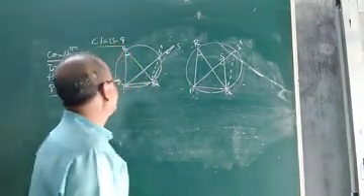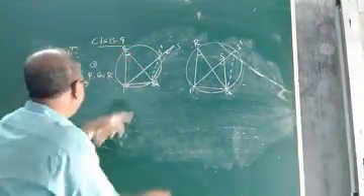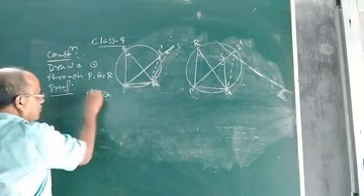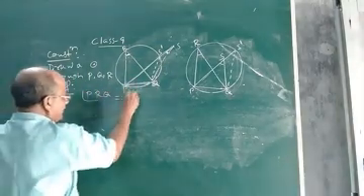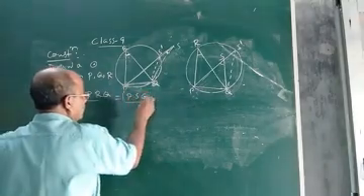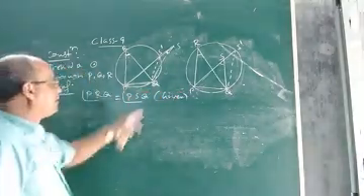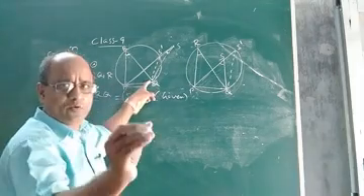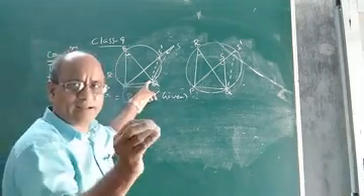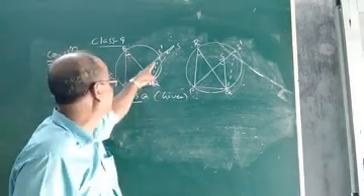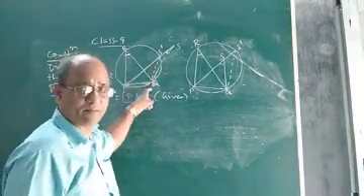Children, what are we given? In both the cases, we are given that angle PRQ equals angle PSQ. It is given. Now see children, if you pay your attention minutely, look at this angle and this angle in this figure.